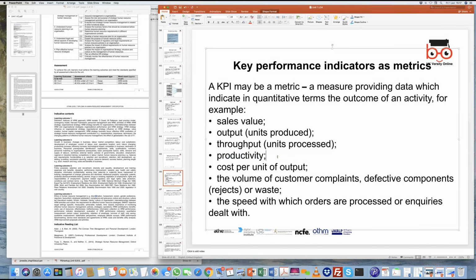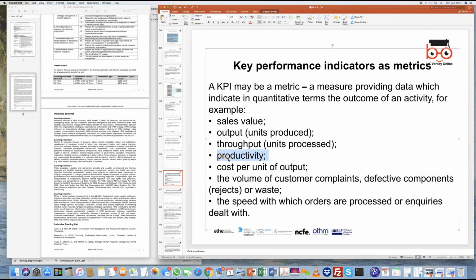If you're an outbound call center and your task is to make 200 calls, every agent has, okay, what is the productivity? How many of the 200 calls that a person makes every day are you able to actually connect to the customer, speak to the customer? It's not hung up on you, or the customer does not put the phone down, and that is looking at productivity. So KPIs can have different meanings, both from the point of view of where they are applied and how they are interpreted.